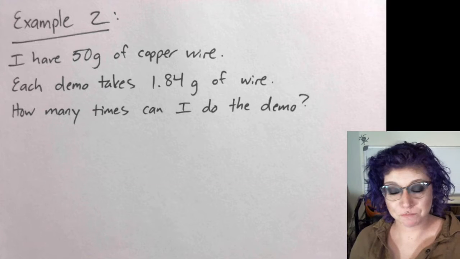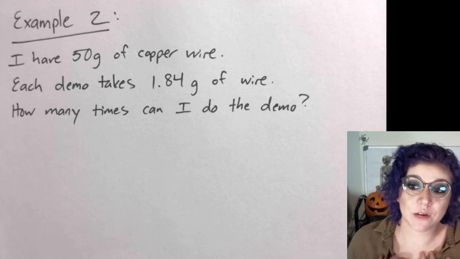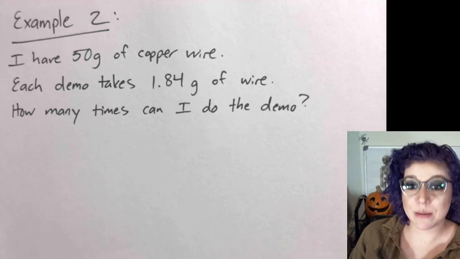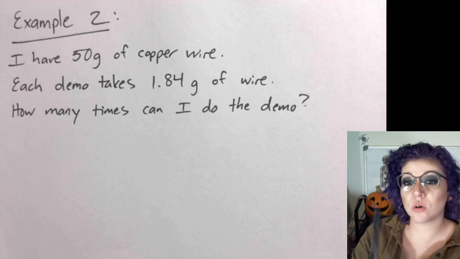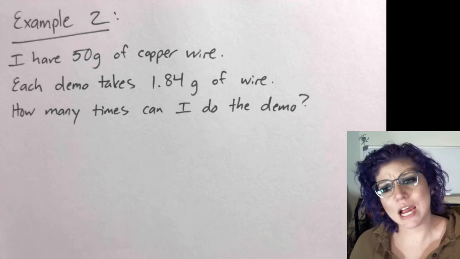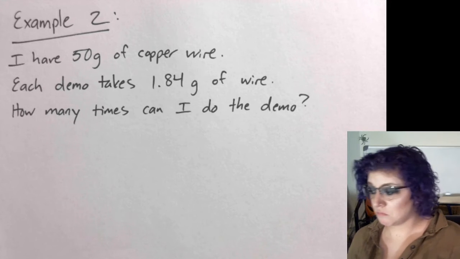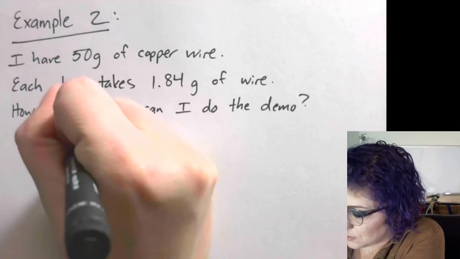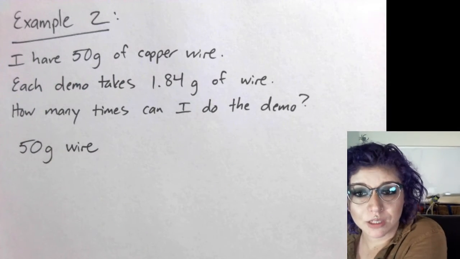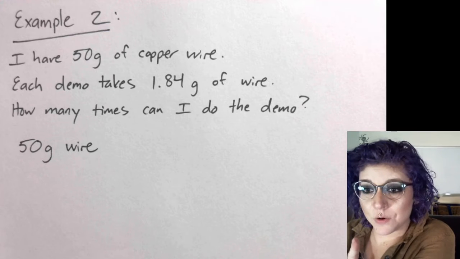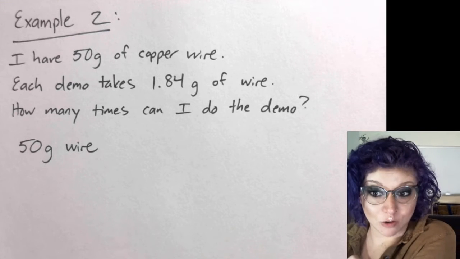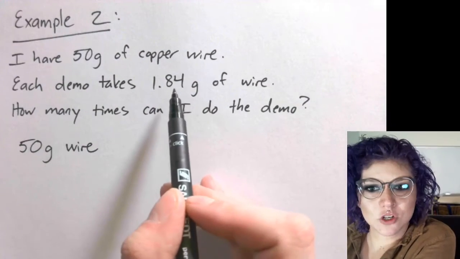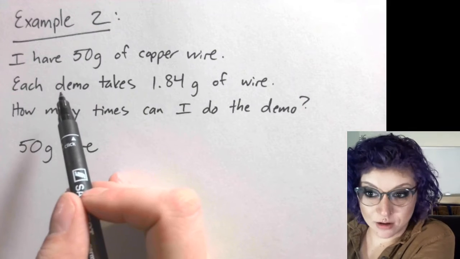Example number 2. Let's say I have 50 grams of copper wire and I want to do some demos with it. And each demo takes 1.84 grams of wire. How many times can I do this demo? First, I'm going to write down, what am I given? So 50 grams of wire. And I know that the ratio I'm looking for is how much wire does each demo take?